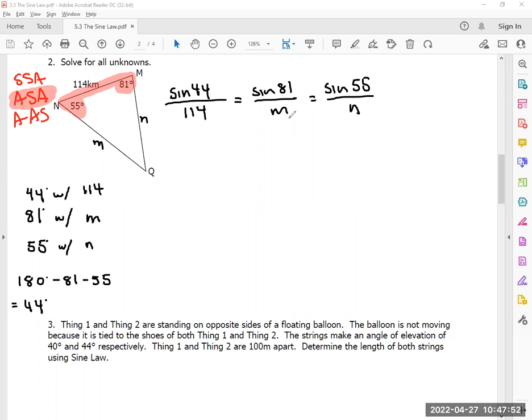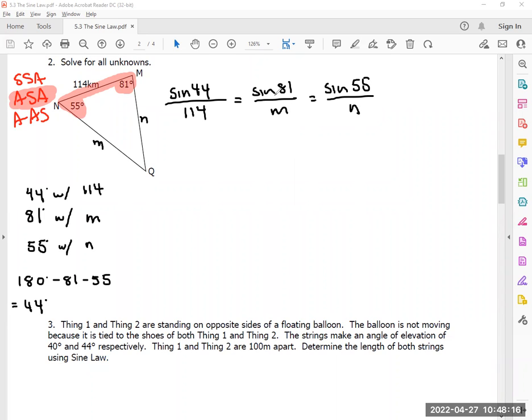Nothing really to do with calculations per se. It's just when you're solving for n. Go ahead, Maria. What I'm looking for is the variable in the denominator.